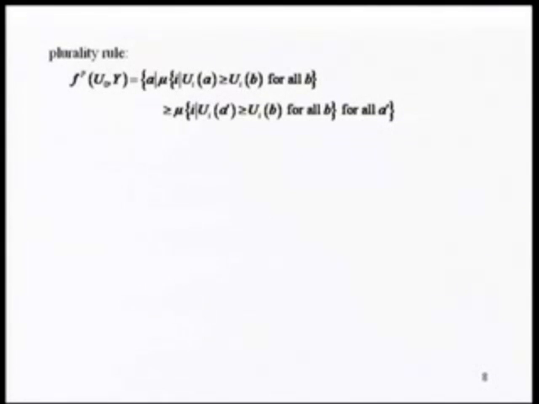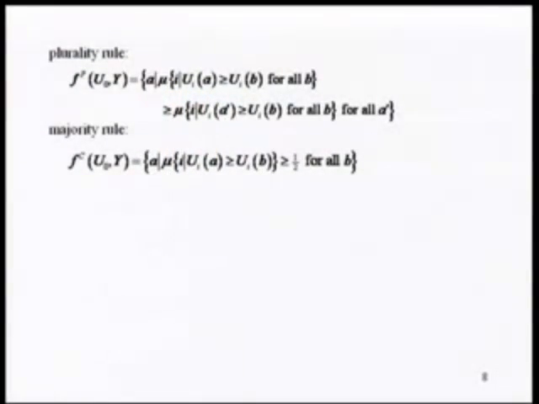So mu, which for those of you familiar with measure theory will be identified with Lebesgue measure, but for those of you who are not, can just be thought of as corresponding to the proportion of the population who has a particular preference for candidate A. So plurality rule says that we choose the set of candidates who are ranked first by the highest proportion of voters.